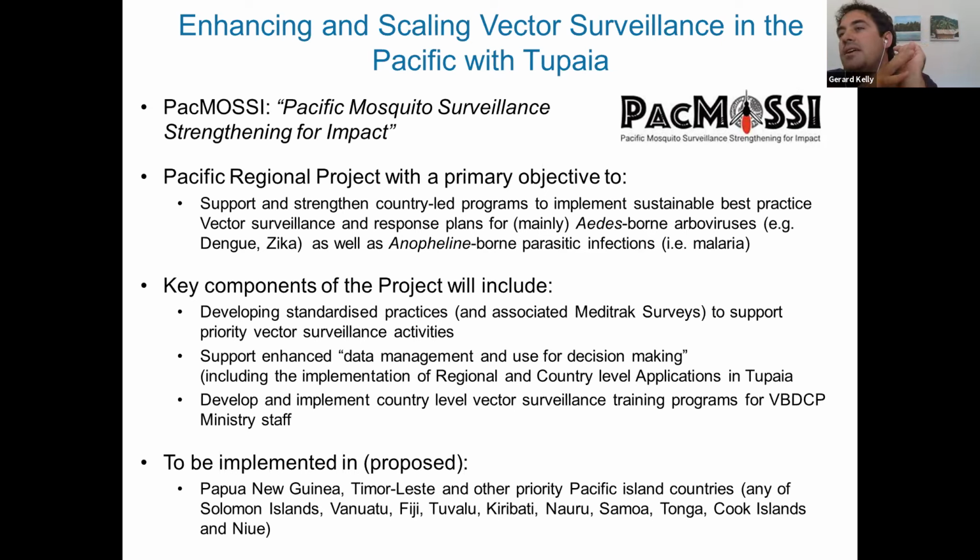So we're going to be developing relevant vector surveillance applications in Tupaia to do this. And then we're going to be helping build capacity at the country level to utilize these tools effectively. Below, there are a few countries where it's proposed to be done: PNG, Timor-Leste, and some of the other Pacific Island countries like Solomons, Vanuatu, Fiji. You can read for yourselves.